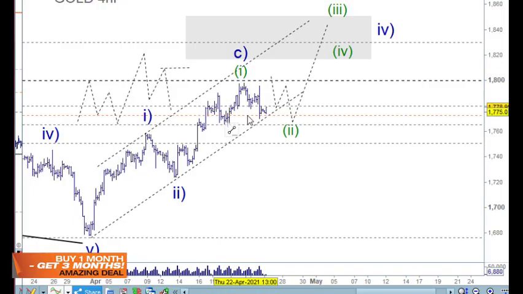Or if we can work out that this actually is a corrective pattern, which we can't do at this stage, we'd need to get some more information, but we're getting there. We're waiting for that top to come into play, and then we're waiting for a corrective move. And yes, it can be the A, the B, and the C wave and finish here, or have another little low in here and back onto this and finish off here, but we're not quite there just yet.